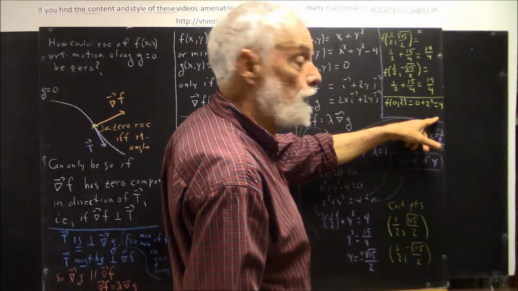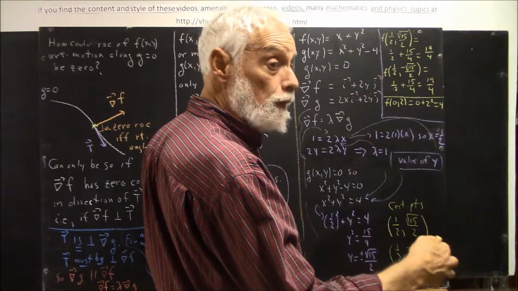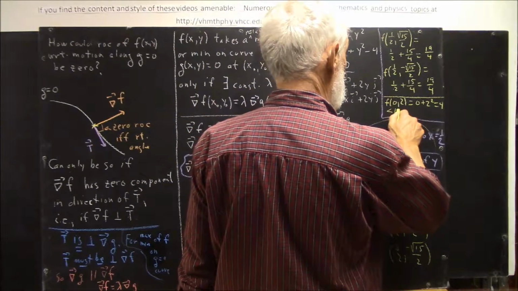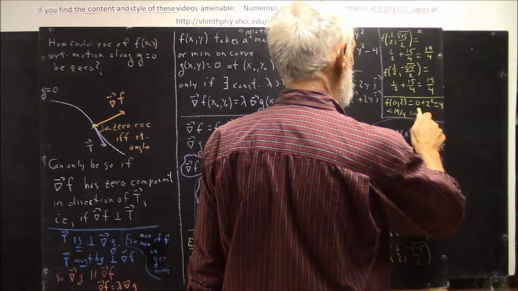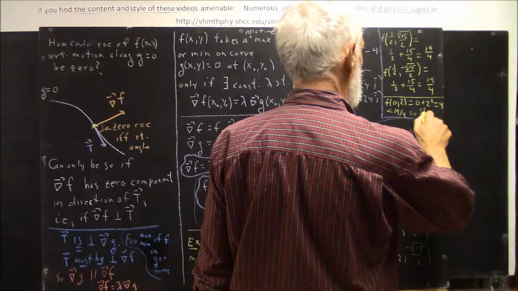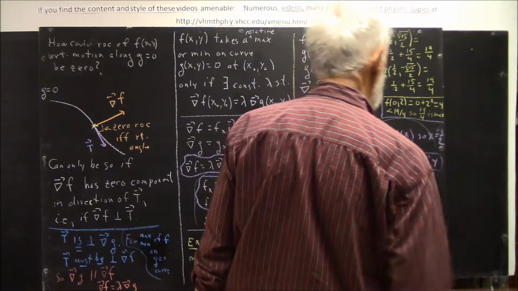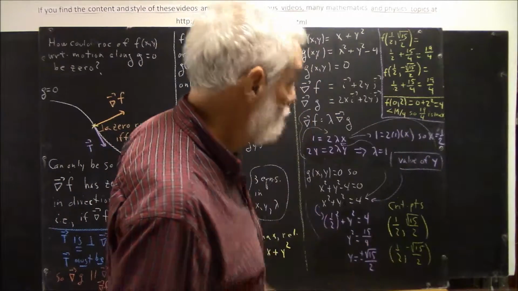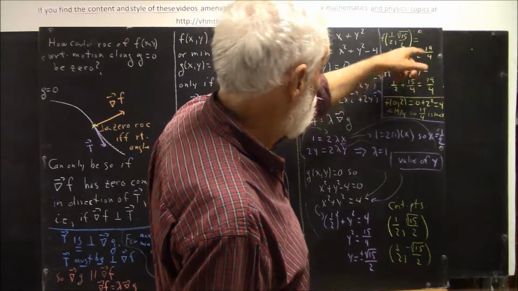Okay, is 4 greater than 19 fourths or less than 19 fourths? Well, 16 fourths would be 4, so this is less than 19 fourths. So 19 fourths should be a maximum because there are points on the curve where the value is less than 19 fourths. And that occurs at both of these points.